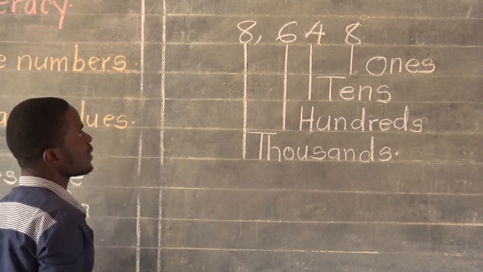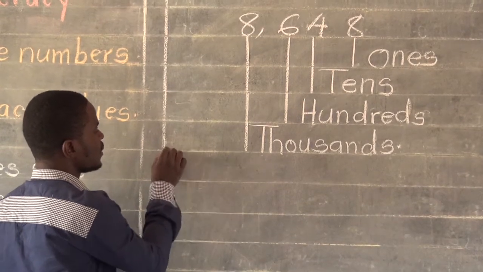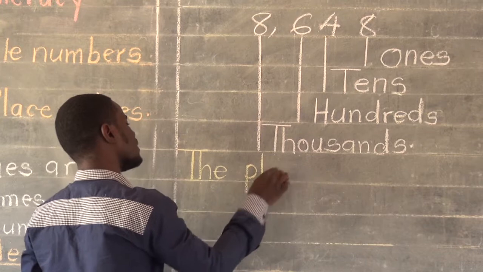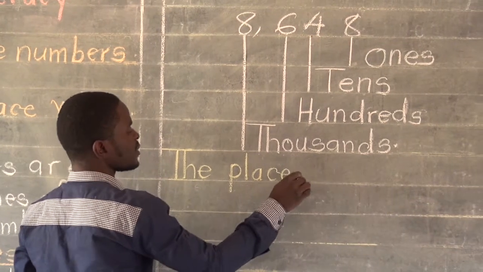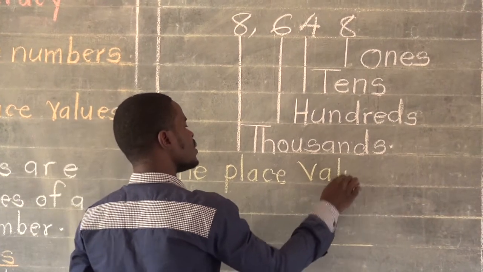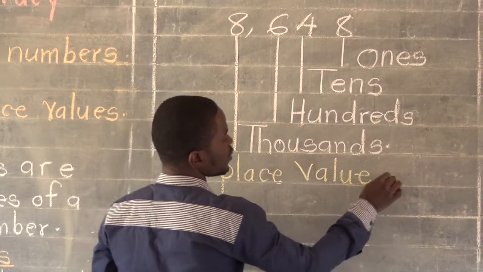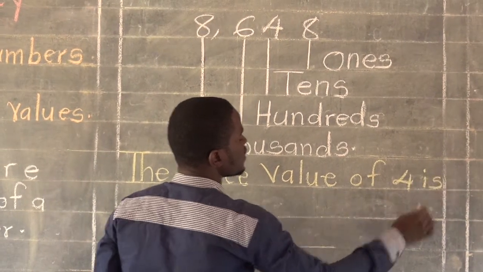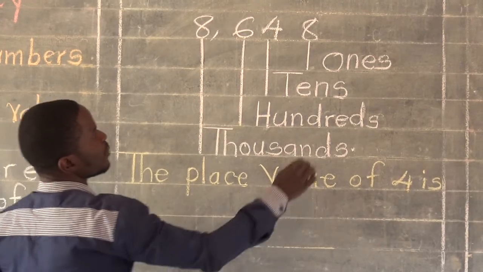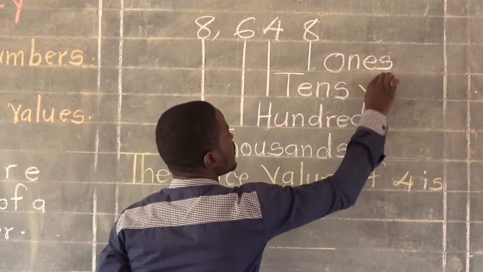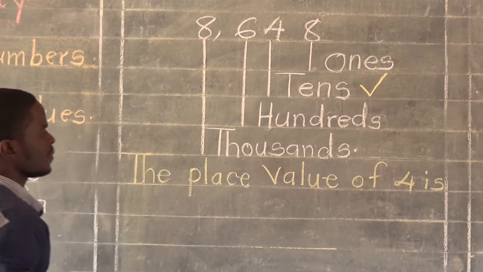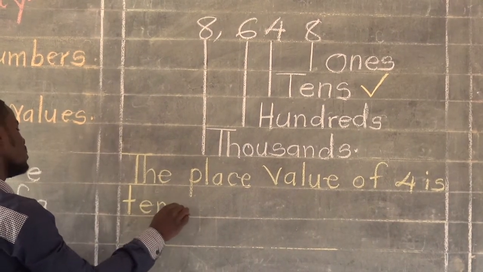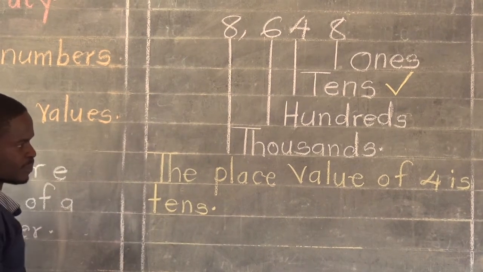Our final answer is, the place value of 4 is tens. Full stop.